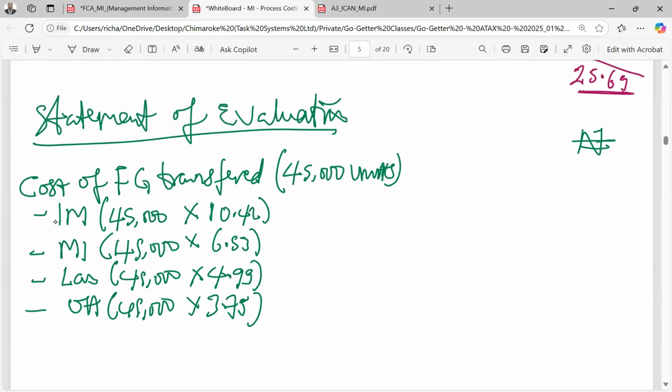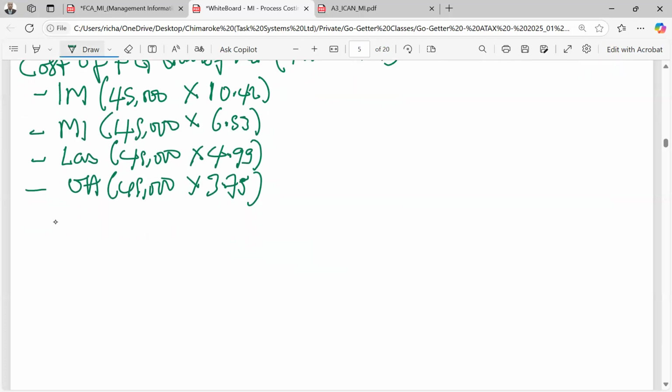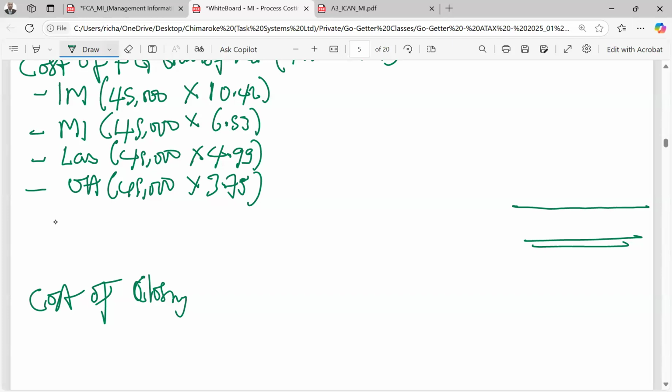Now, this is the statement of finished goods. After finished goods, you will have your total finished goods cost here. Then you will have the cost of closing work in progress, which is 7,000.